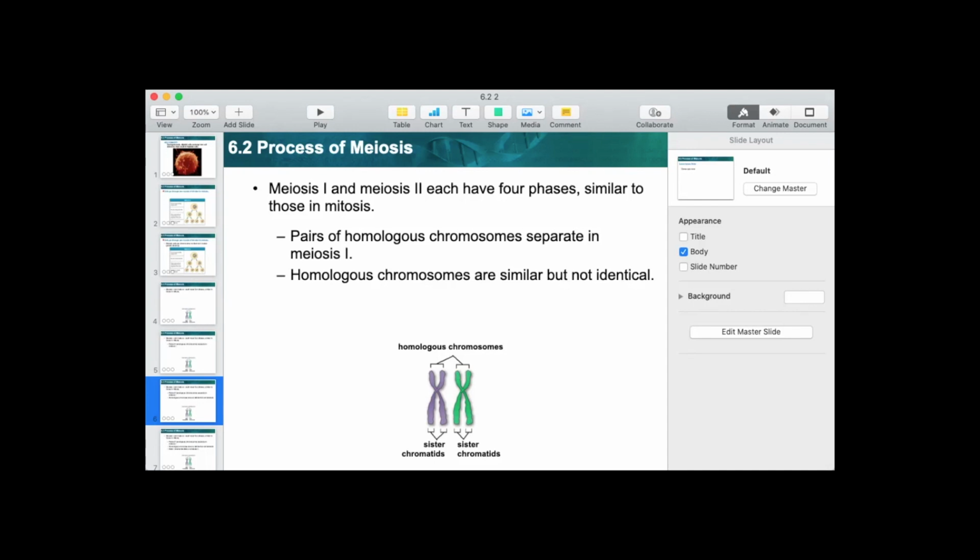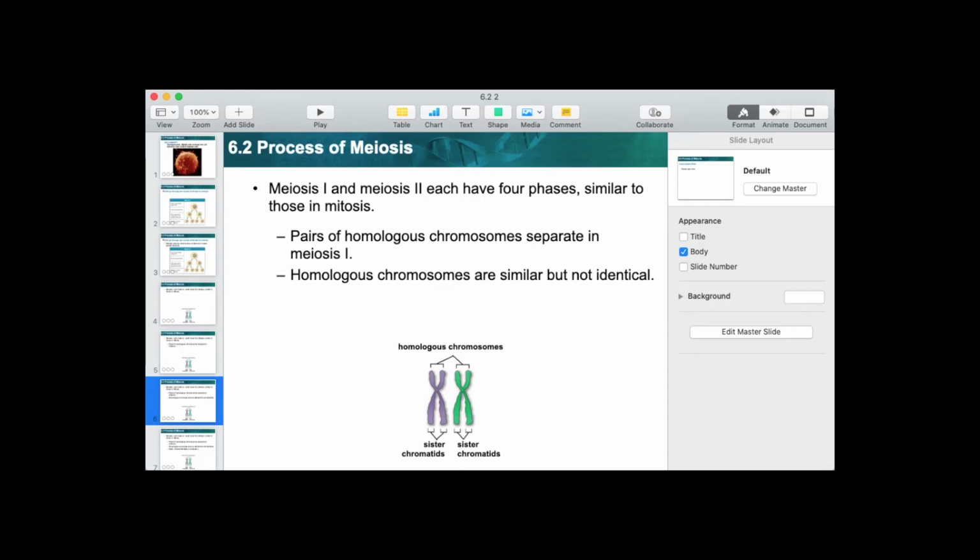So sister chromatids are copies of the same exact chromosome, while homologous chromosomes have similar but not always the same genes. Sister chromatids are each of these, there's two right here. So there's two purples, they're identical copies of each other. And the purple is similar to the green. They carry the same kinds of genes. They might have the same genes for eye color, for example, but one might be for brown eyes, one might be for blue eyes.